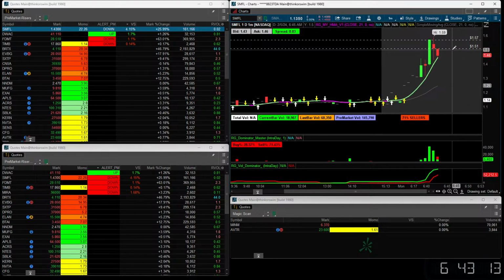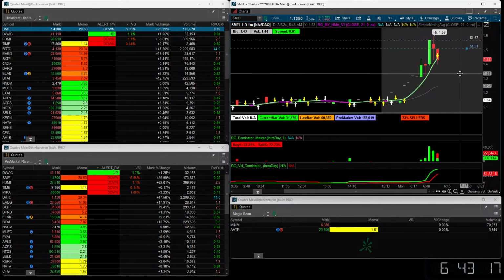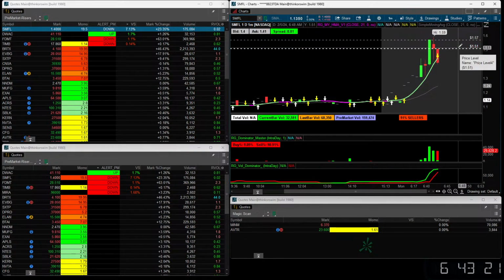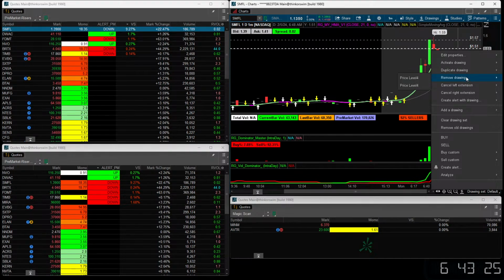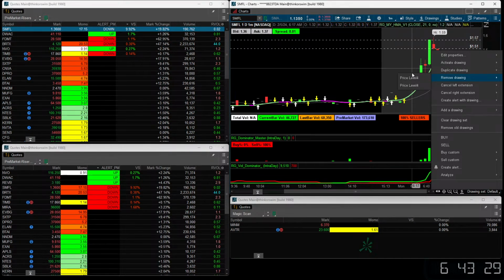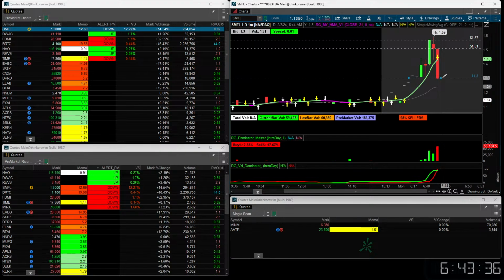I may have to get rid of this line and mark the next red candle, if it lets me get rid of that line. Not responding. Looks like we're selling off. It doesn't matter anymore anyway. This may have been a pump.